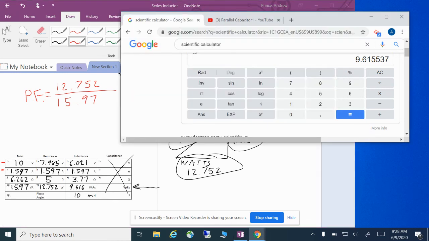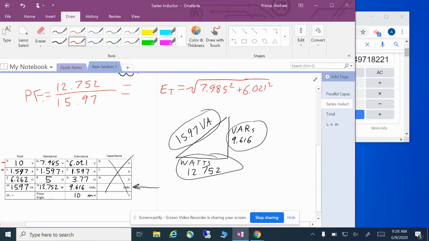So if we put that in, it's a power factor of about 0.80, we'll say. Usually we only do power factor in 2 digits. Go ahead and round there.